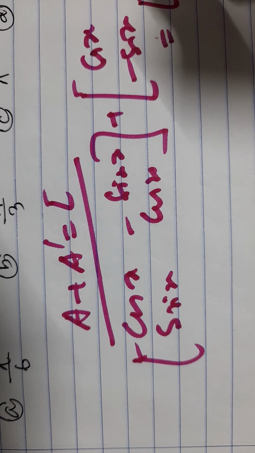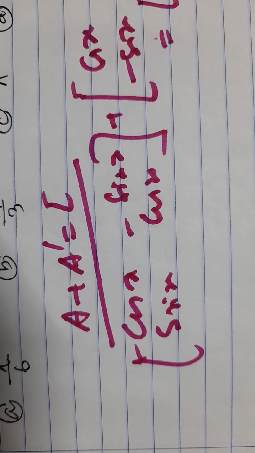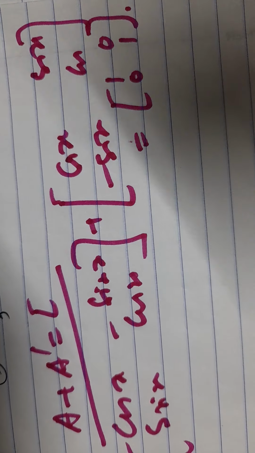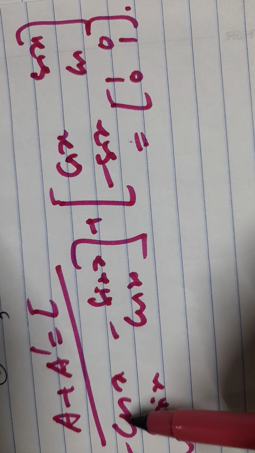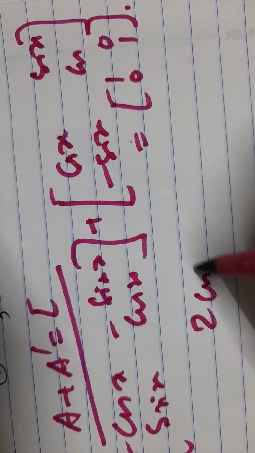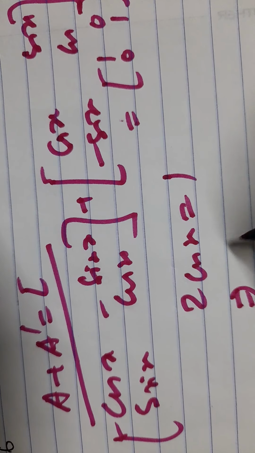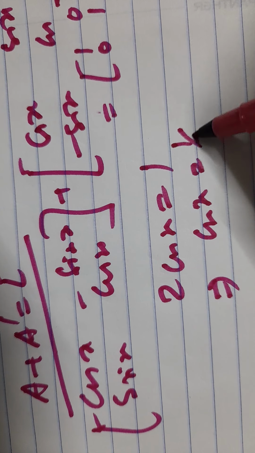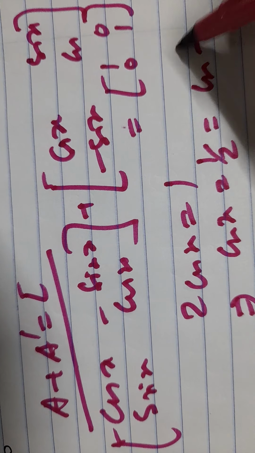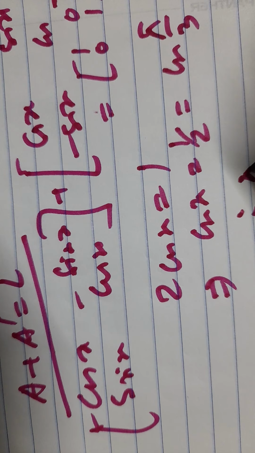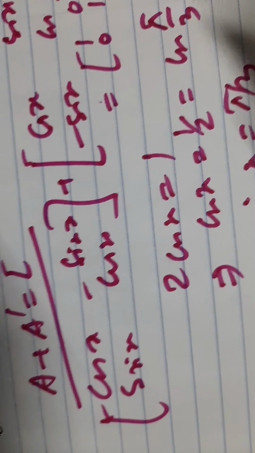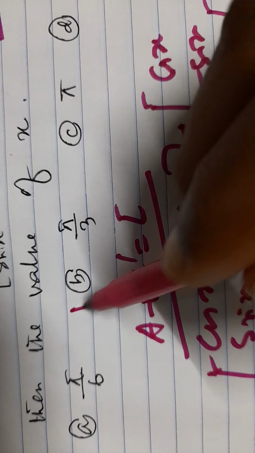This equals I, which is 1 0 0 1. Now comparing corresponding elements, cos x plus cos x is 2 cos x, so 2 cos x is equal to 1. So cos x is equal to 1 by 2, which is cos pi by 3. That is, x is equal to pi by 3. So the correct option is B.